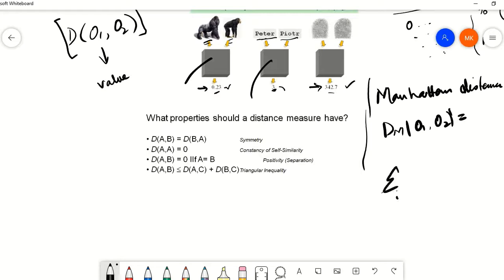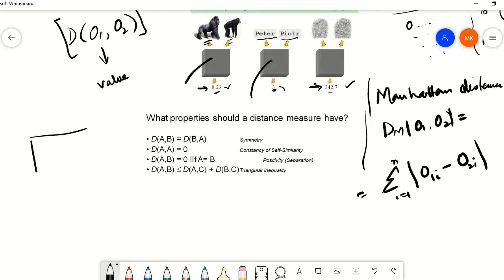So it would be the sum from 1 to n, assuming that the objects have n features, of |O1i minus O2i|. So we are finding the difference between the feature to feature values of the two objects, taking mod of it and then adding them up, and that would be the total distance between these two objects.